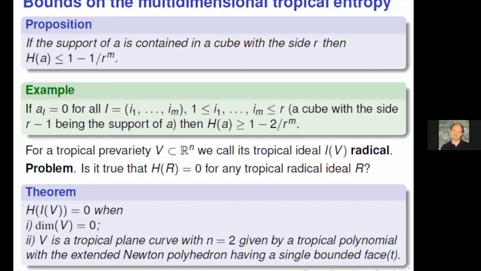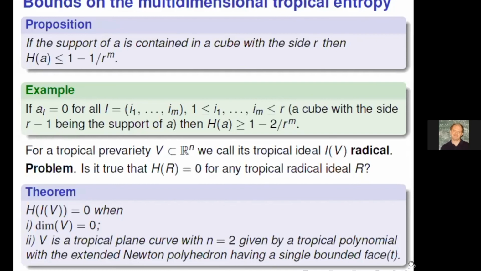It has coordinates of the exponents of the monomial, so two coordinates, and one coordinate for the coefficient. Then we do the same game as with the Newton polygon: for each point we consider a vertical ray, and then we take the convex hull of all these rays, and this is called the extended Newton polyhedron.